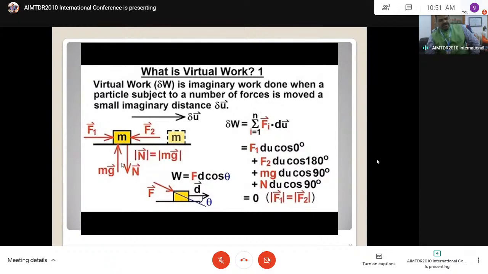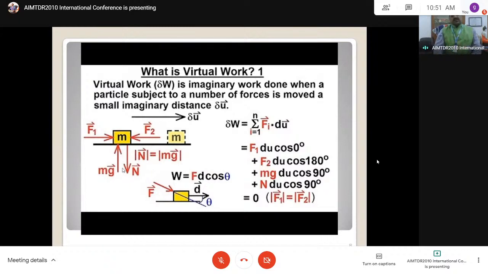N is equal to mg, one equation. That is the vertical reaction, because there is no work done perpendicular to this. The only work done is along this virtual displacement. There is no displacement in this direction. That's why the sum of the forces is 0. Or otherwise, this into positive and this into negative work done, if you make it, that also is equal to 0.